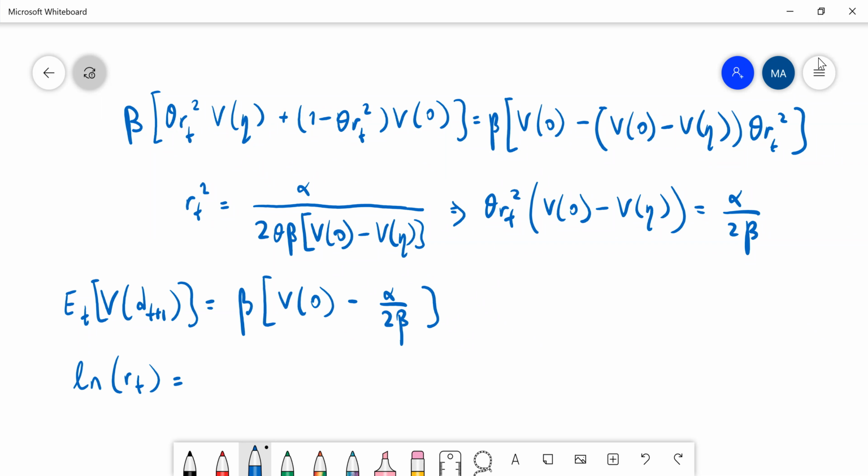ln RT will be equal to what? So I know what RT is. So I have something like this. So ln, you must confirm these things later on, okay? You work on this because I'm writing the solutions quickly.